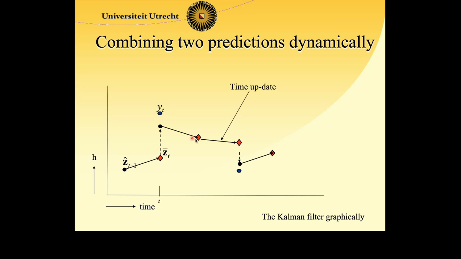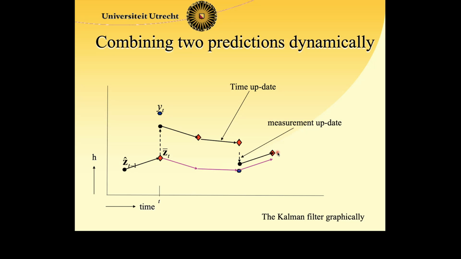So in this case we do not have any observation, so the time update is equal to the measurement update, and then that is used as initial condition for the next time step. Here we do have an observation, and we can see that we are updating it. And this is called the measurement update.